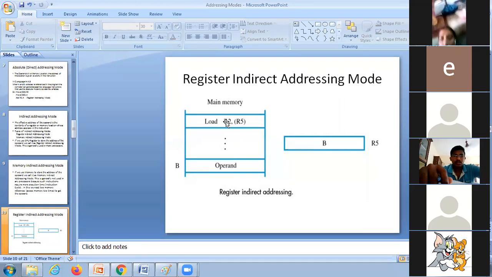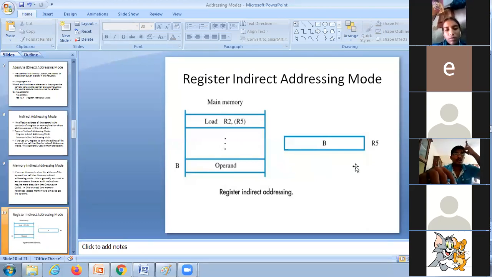Load R2 comma R5 within the brackets means, you take one more register here. R2 also you can take it here. Then in that you write 20. That means R2 register contains the value 20.